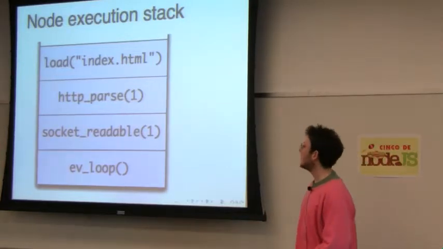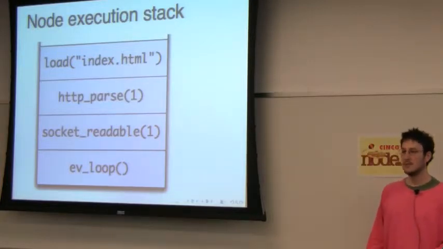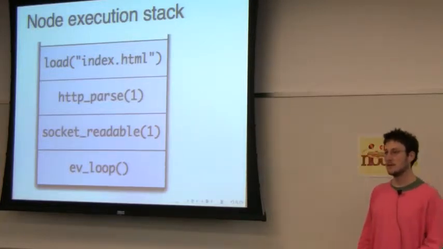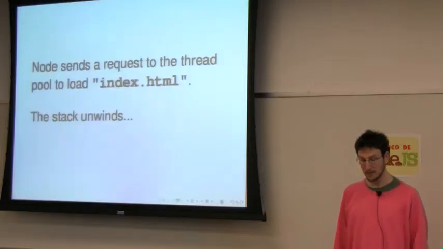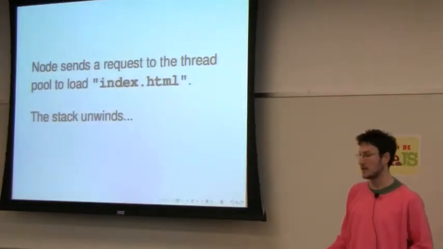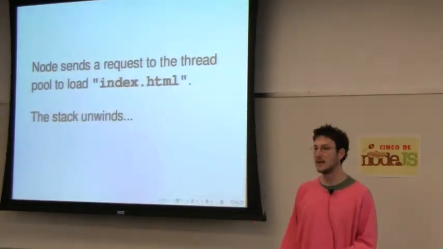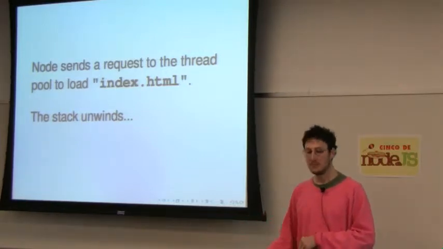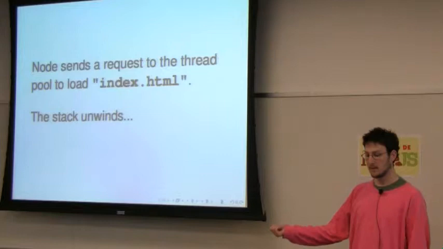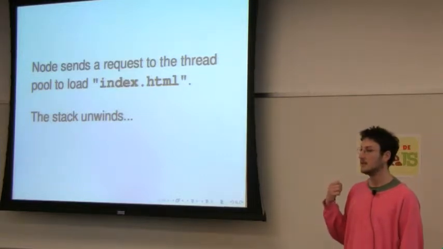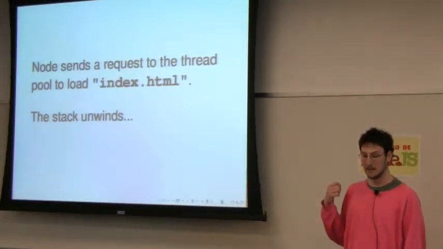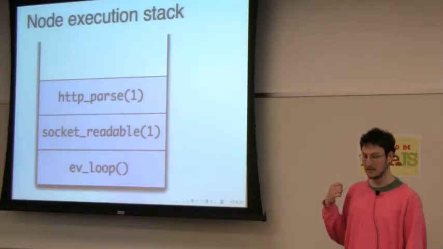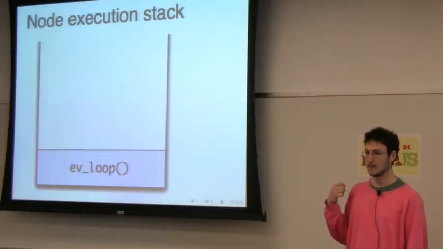You don't have it in memory, so we actually have to load it from the hard drive. So what Node does is it sends a request to thread number 1, saying please load this index.html and let me know when you're done. The stack unwinds. We're back to the event loop.